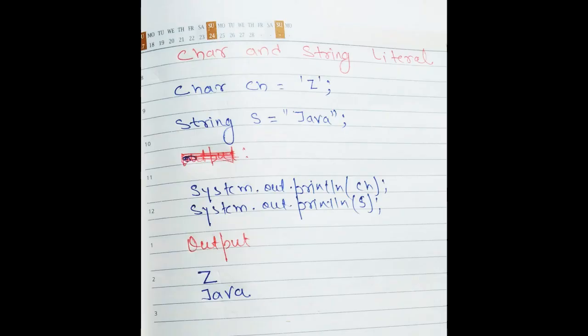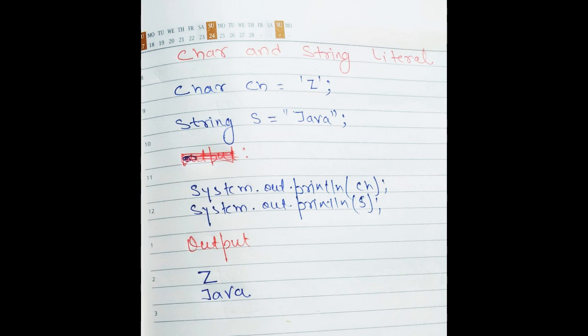Now char and string literal, char ch equal to 'Z'. Whenever we initialize a character, it will be in single quotes. Similarly, in the case of a string, I have taken string s equal to "Java". See here, Java is in double quotes.